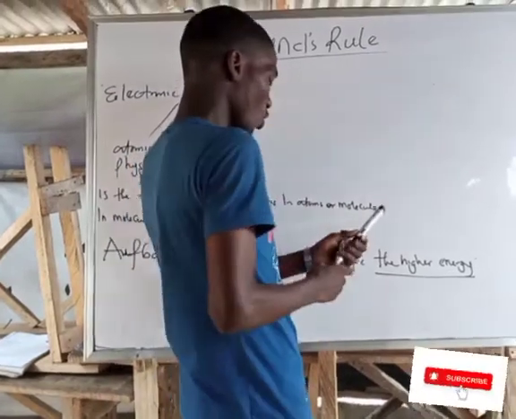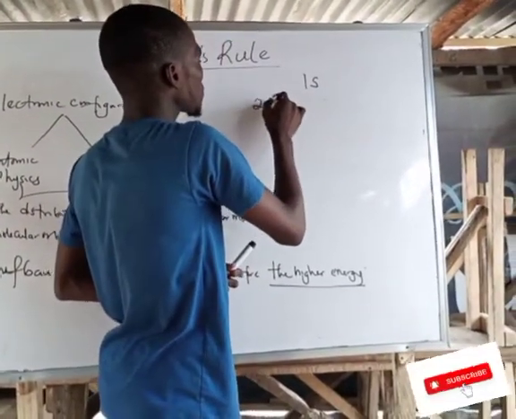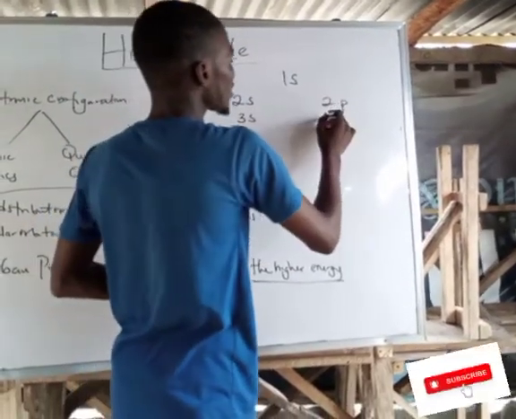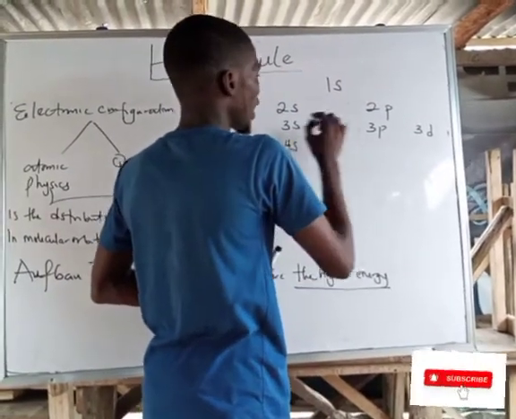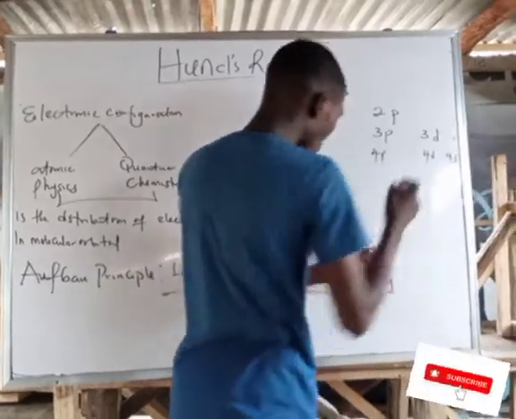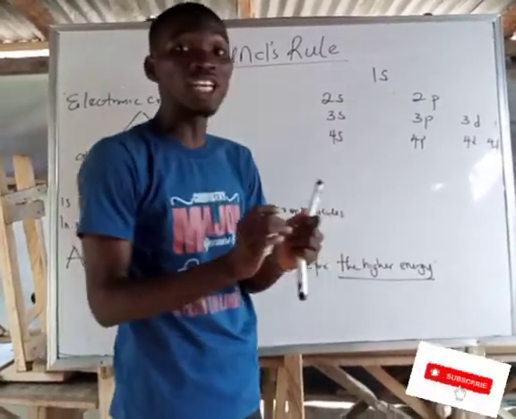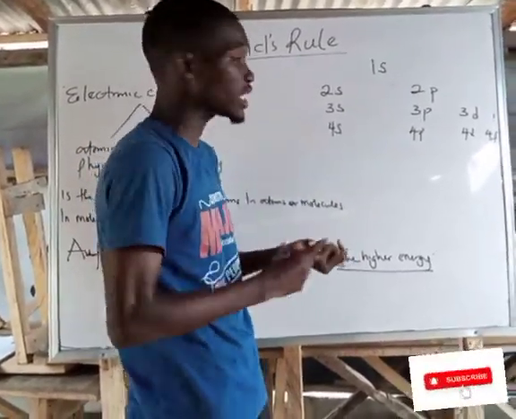So we have 1s, 2s, 2p, 3s, 3p, 3d, 4s, 4p, 4d. I will stop here. We have it from 1 to 7, but because I'll be dealing only with the first 20 elements, I'll stop at 4d.